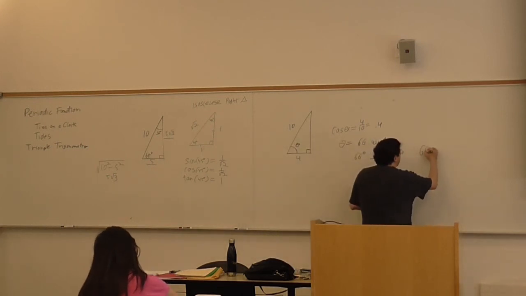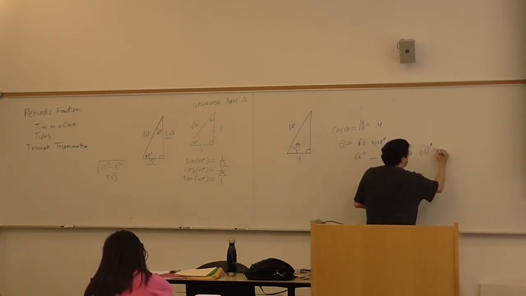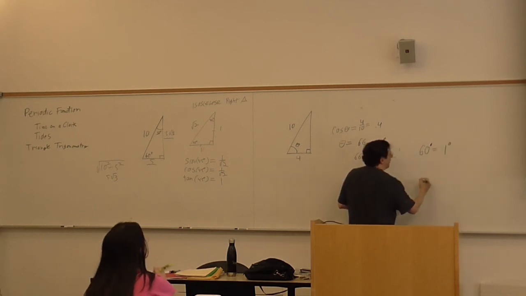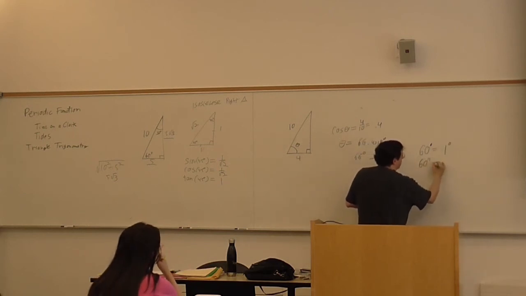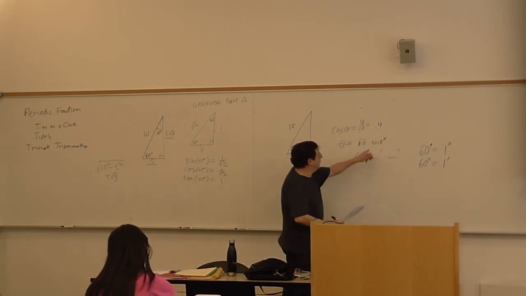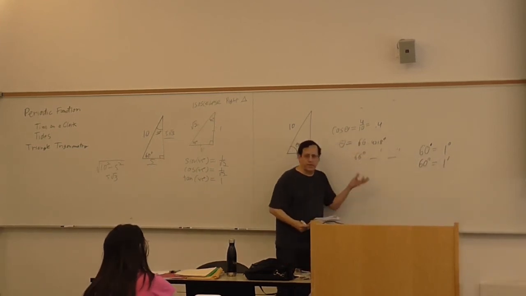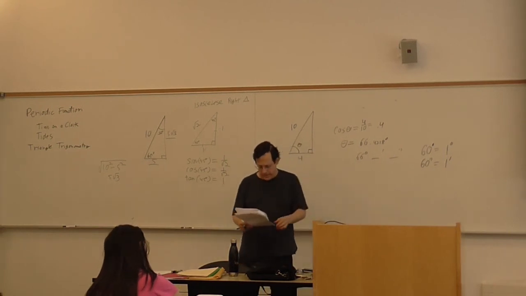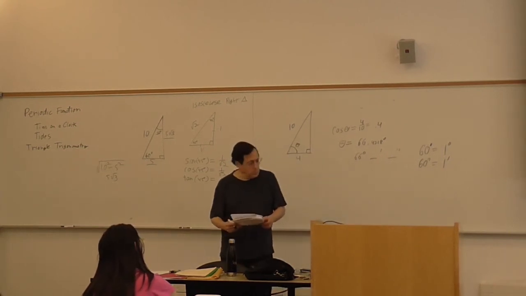So 60 minutes is equal to 1 degree. 60 seconds equals 1 minute. So I could take 0.4218 and I could convert that to minutes and seconds if I needed to.